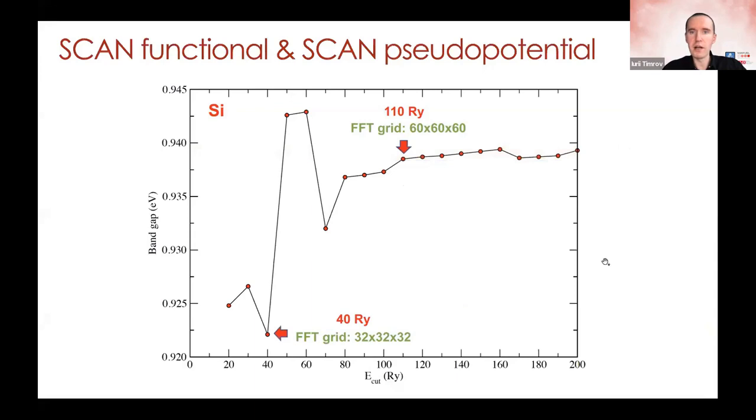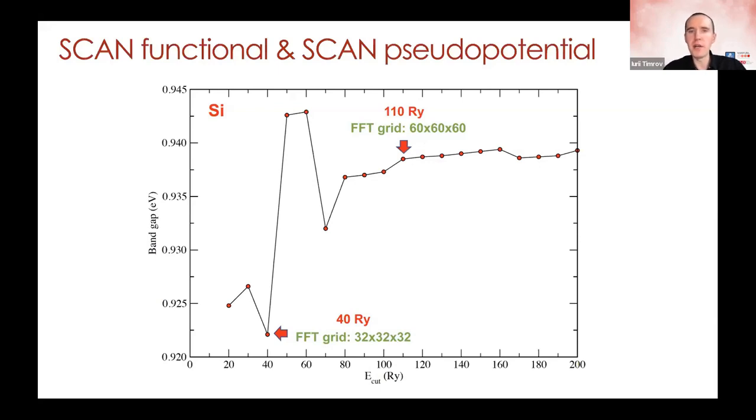Next, I would like to discuss the point of the FFT grid. Here I show that the FFT grid for 110 Rydberg is computed automatically, and it is 60 by 60 by 60. The FFT grid is the grid to perform fast Fourier transforms from real space to reciprocal space, but also in real space we use the FFT grid on which we evaluate some quantities, like in the case of the SCAN functional.